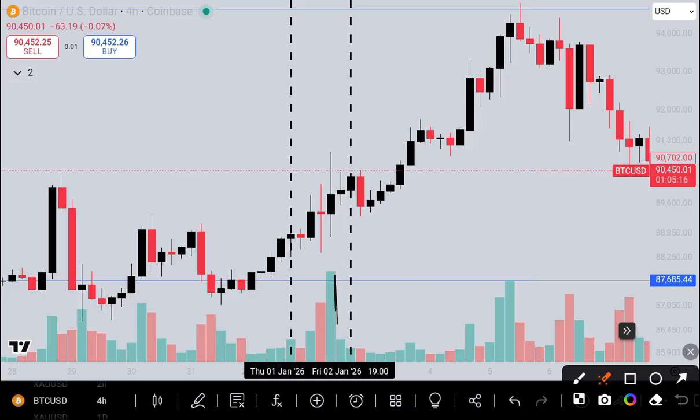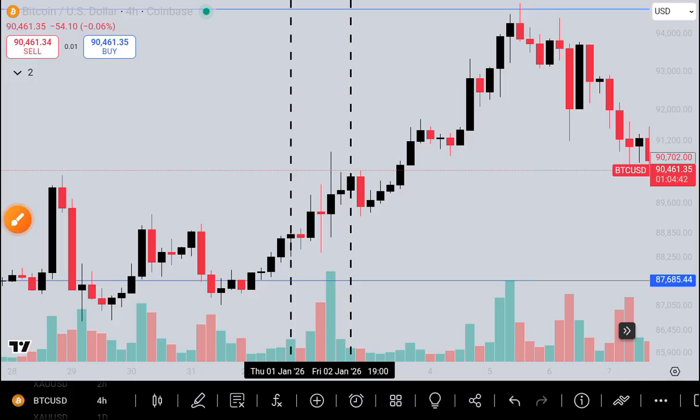Take note of this, I'm saying it always happens. Price is going to come into the previous day's highest volume candle on the 4 hour time frame, and seek this high volume. It's going to find it. Now that could either be an order block, it could be a power candle, it could be anything. So we're going to mark that candle just so we understand what we're looking for.